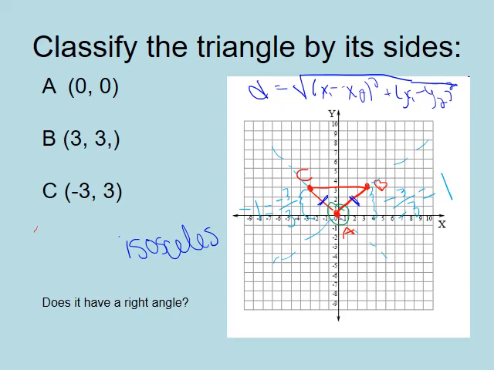Are negative 1 and positive 1 opposite reciprocals of each other? Yes, they are, which means that these 2 lines, AC and AB, are perpendicular to each other, which in turn means that angle A is a right angle. So does it have a right angle? Yes, it does. So this triangle is a right isosceles triangle.